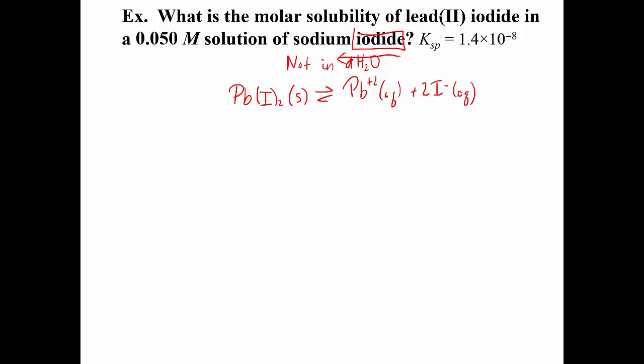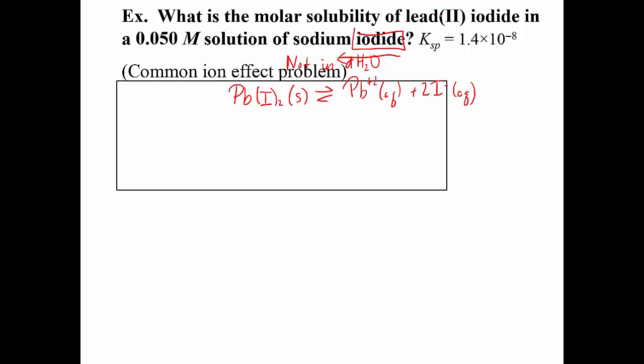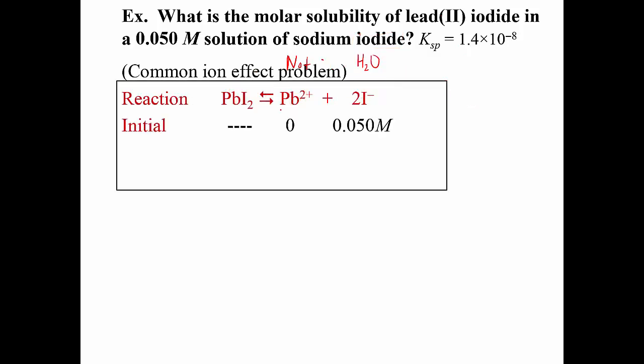So let's look at how it looks different on a RICE table, and it's called a common ion. So we have our lead iodide. Again, we know these are solid, these are aqueous, because that's the only thing I'm going to use in my Ksp. Notice the difference now in the initial. Instead of 0 over here for the product, you already have some iodide ions in that beaker.